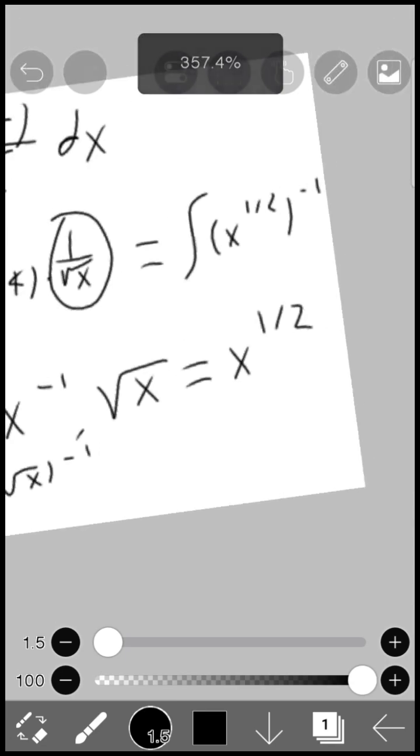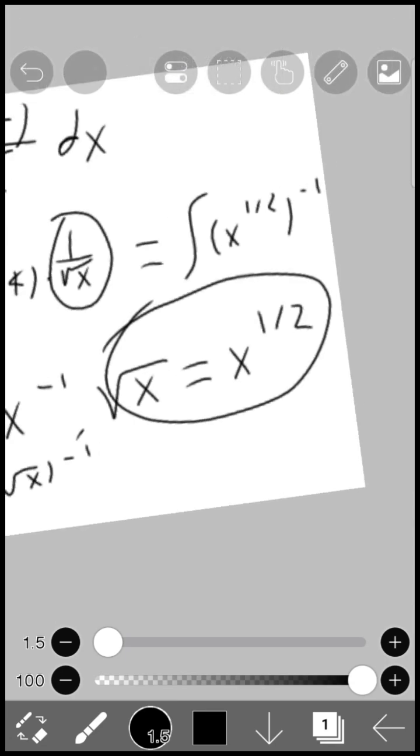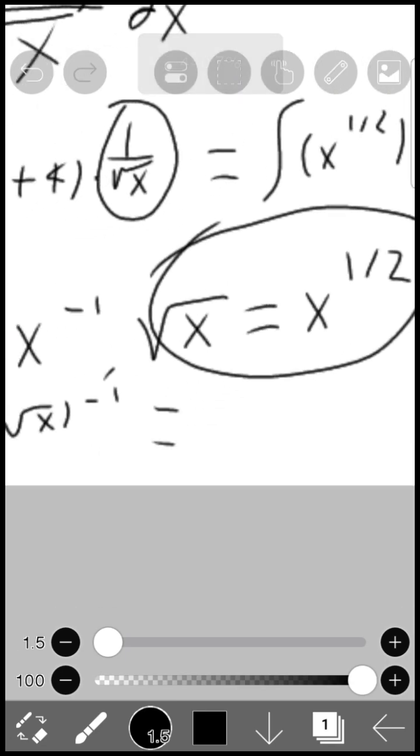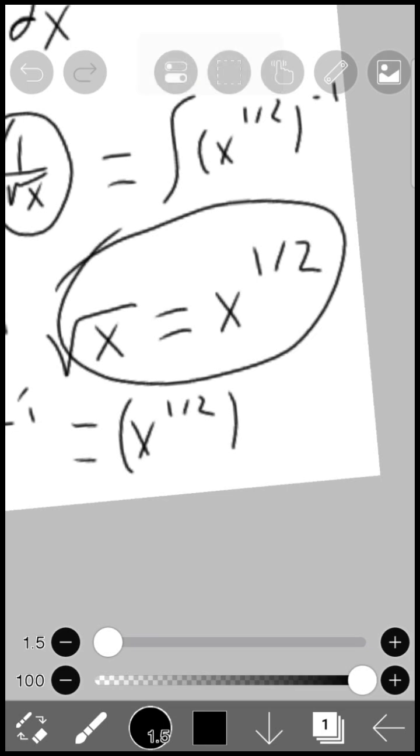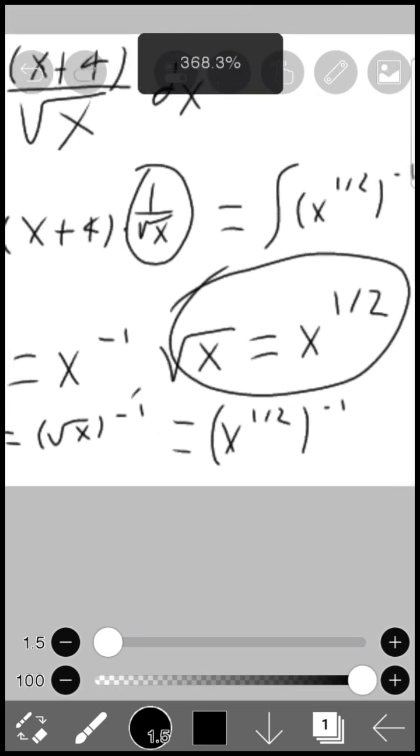However, our laws of exponents also say this, so we need to apply that too. So therefore, we have x raised to the power of 1/2, closed in a parenthesis, and then raised to the power of negative 1.